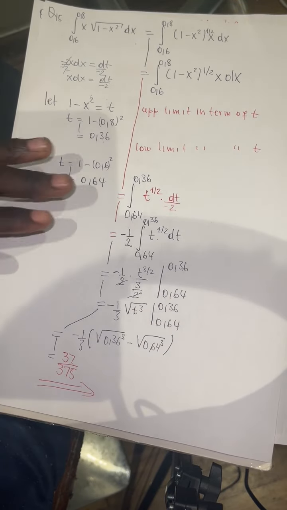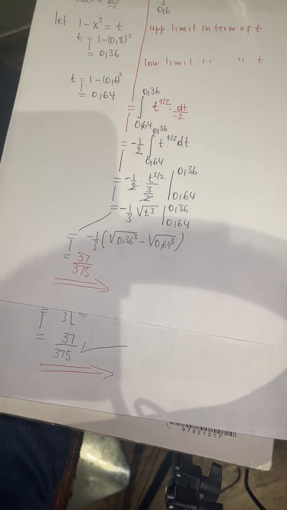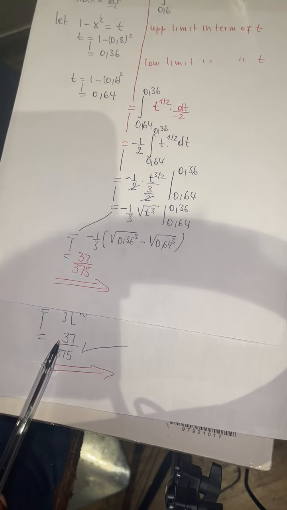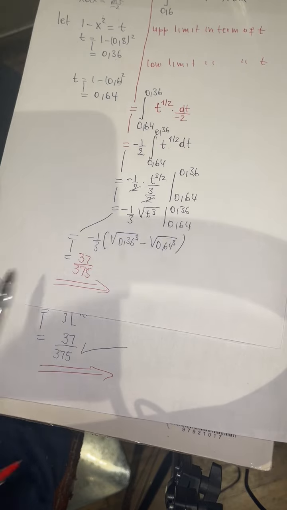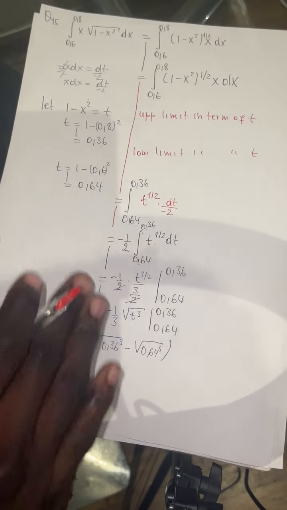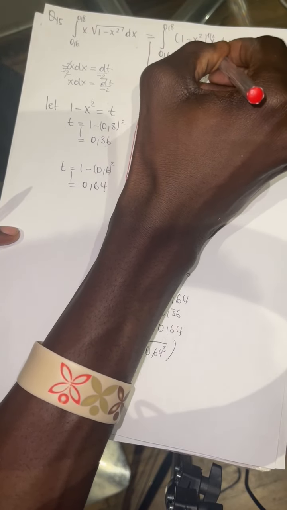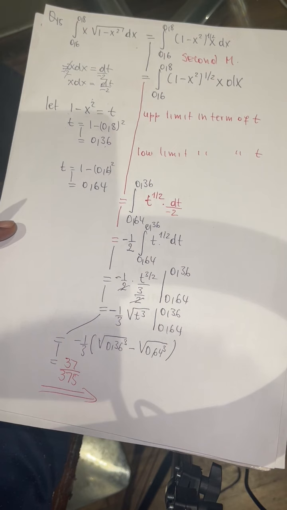You can also compare to the last question we did. So this was the last one we did. I mean, the first method we did, we found this, and the second one, we found this one. So this one, we can say second method. You just change what? You change your limit. That's the only difference, but the process is the same.